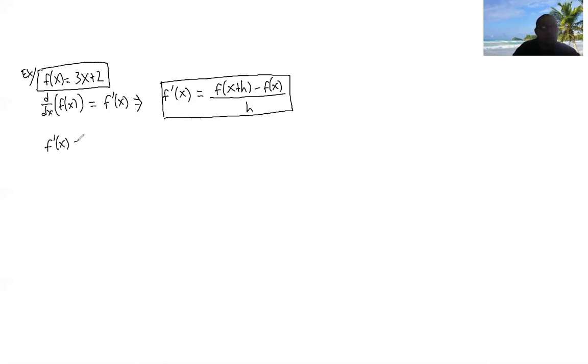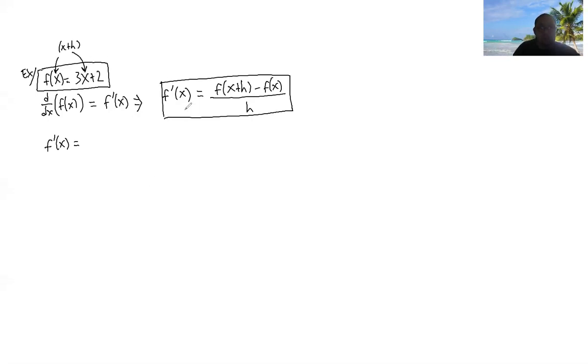So f prime of x, the derivative of f of x, is equal to, remember, f of x plus h. We're going to look at our function, and wherever we see an x, we're going to replace that with an x plus h. So in here, you see an x right here.